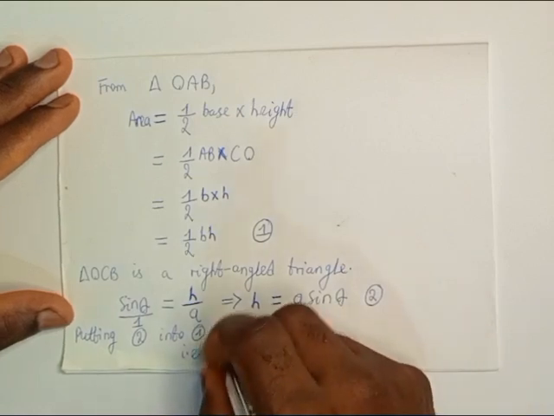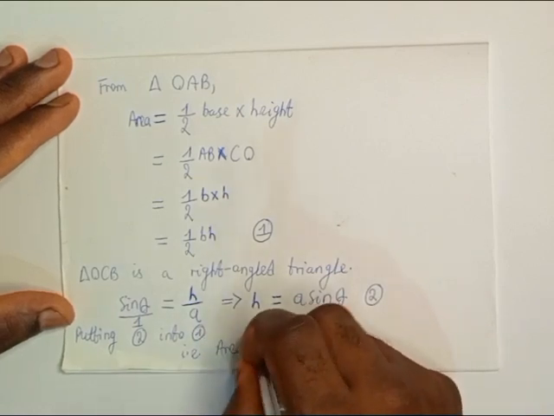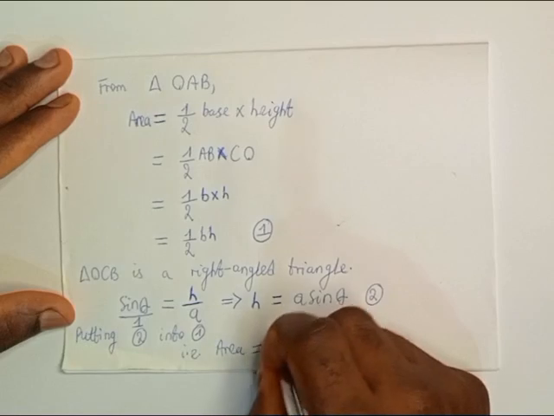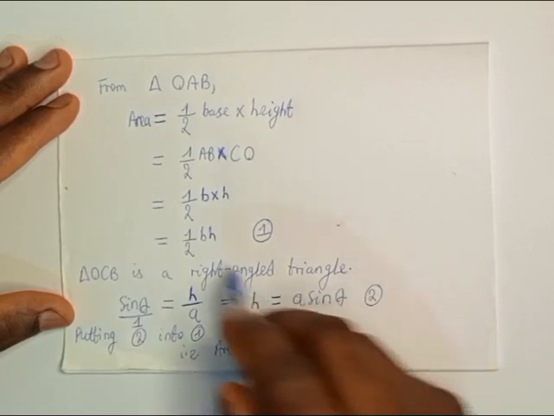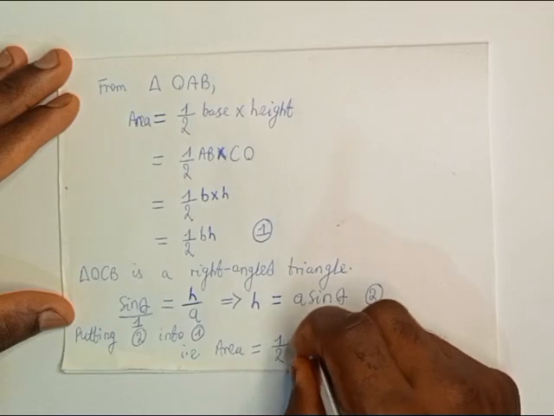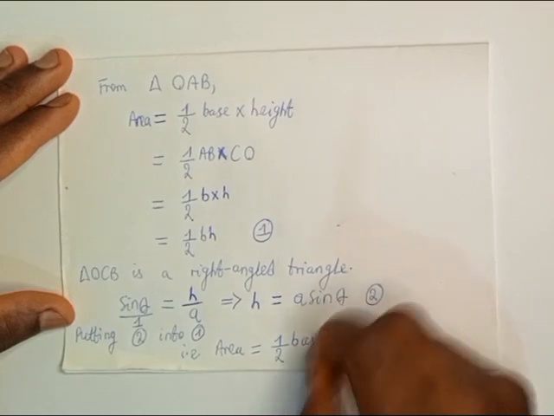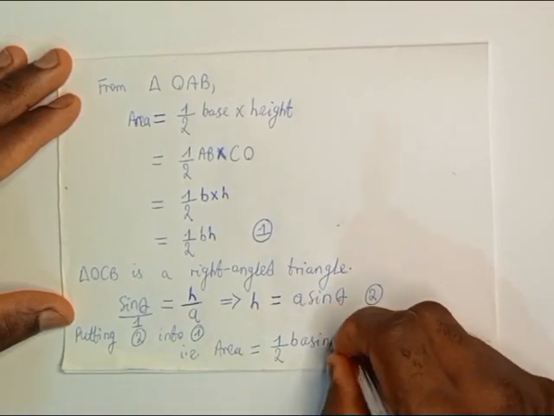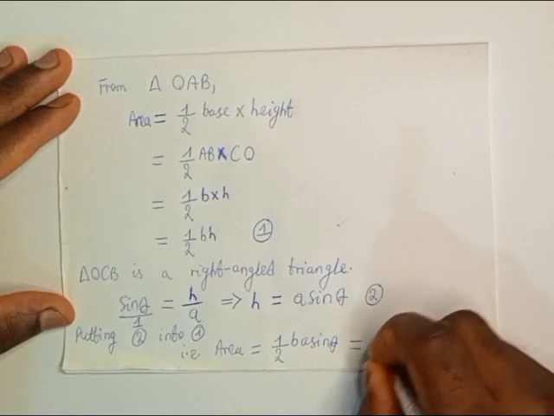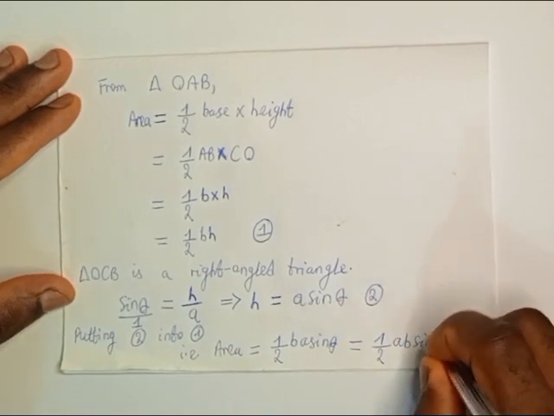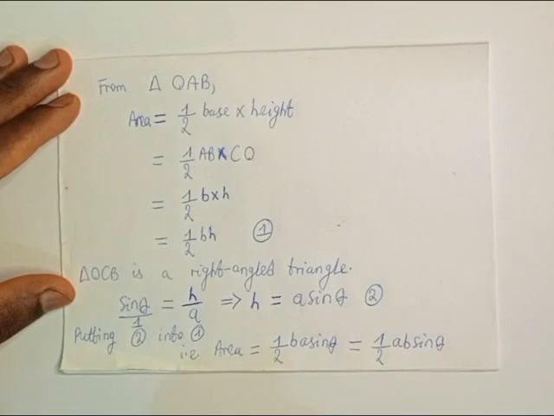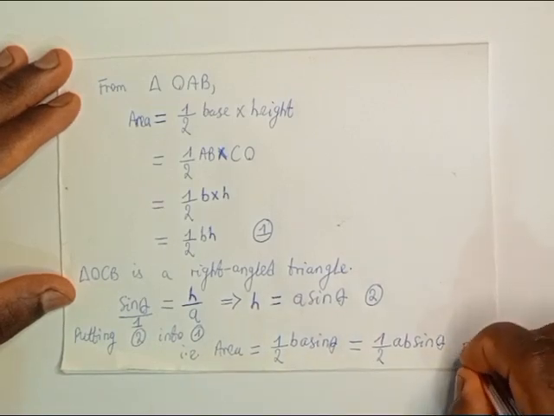This will give us the area to be equal to a half b times, we replace H with A sine theta, such that this will simply be the same as a half AB sine theta, which is what we are to show.